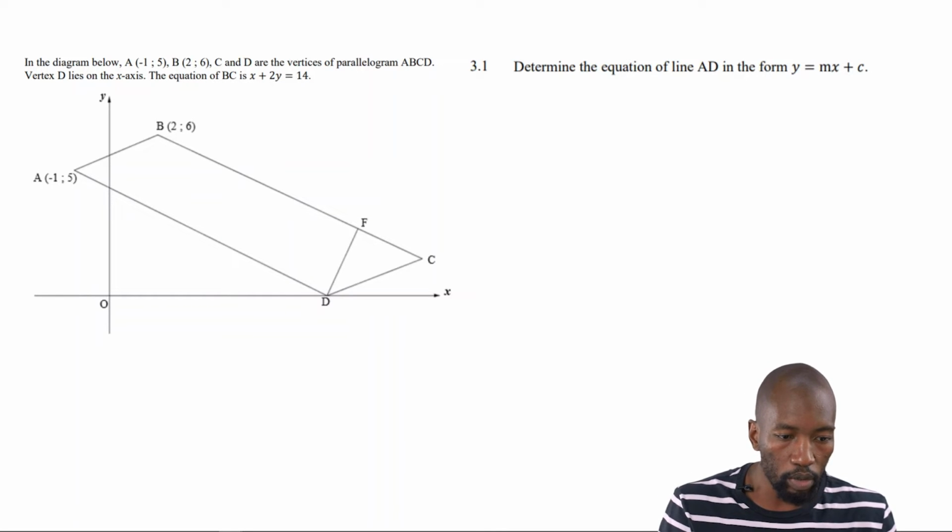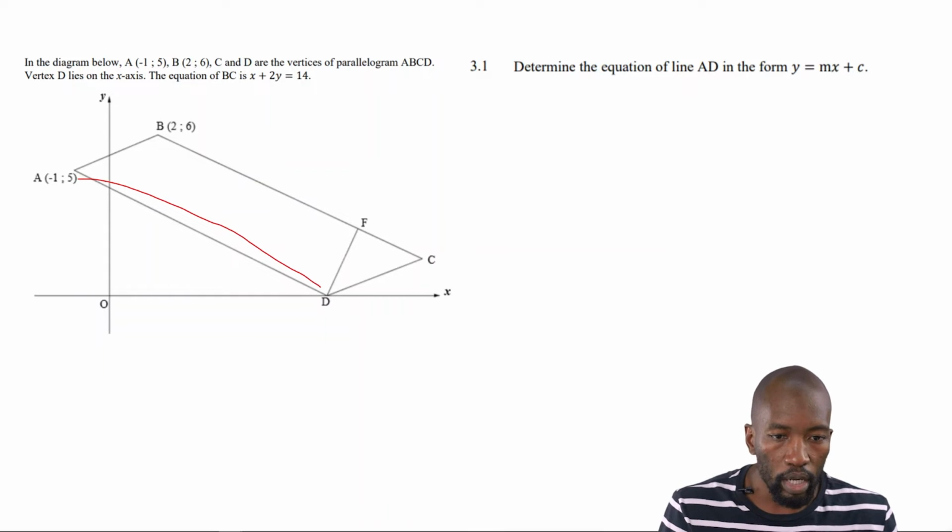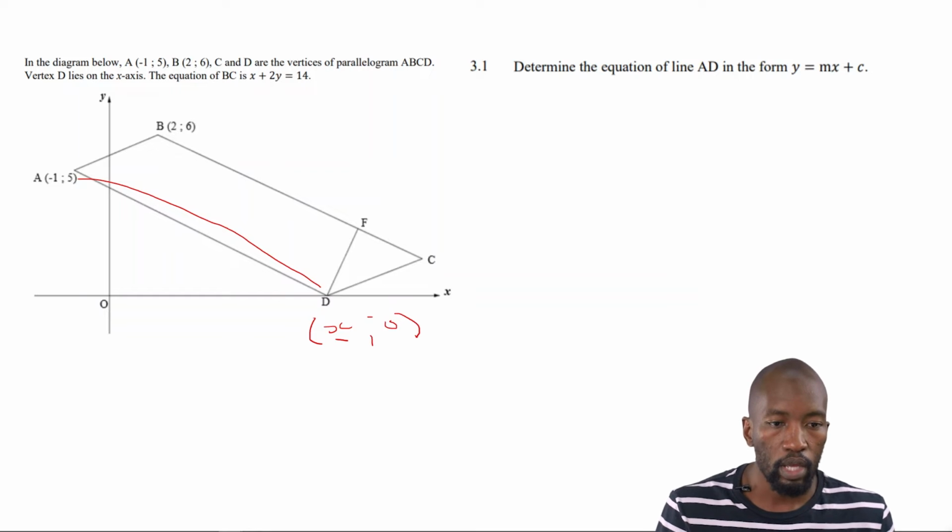Line AD. Okay. So now line AD, we know where it is. It's this line here. Now, what else do we know? We know that the coordinates of D, we know the y coordinate will be 0. So we don't know what x is, but we know that y is 0 because it's on the x-axis. Now, let's see what else they told us. They gave us the equation of BC.